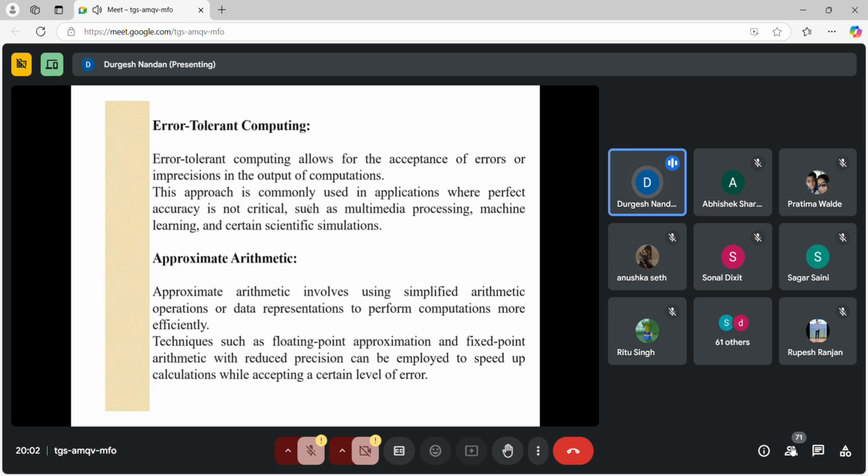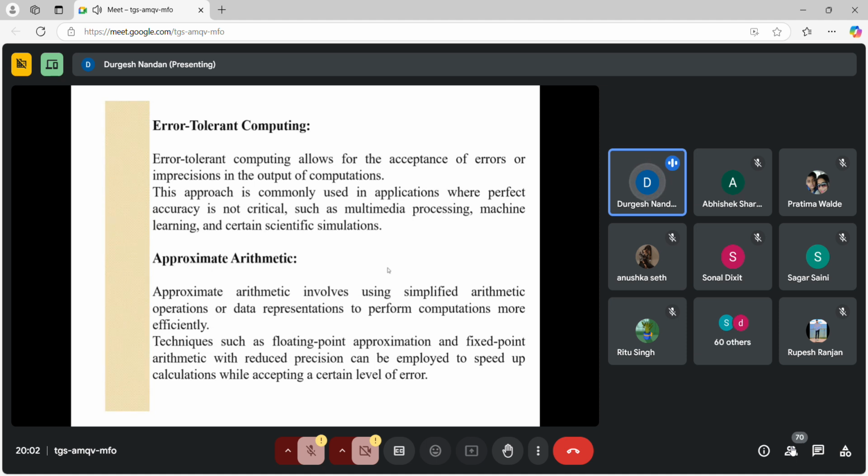These are the two major types of approximate computing: first probabilistic, and second error tolerant computing.